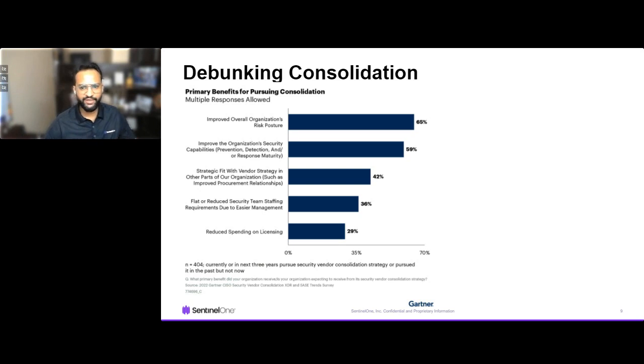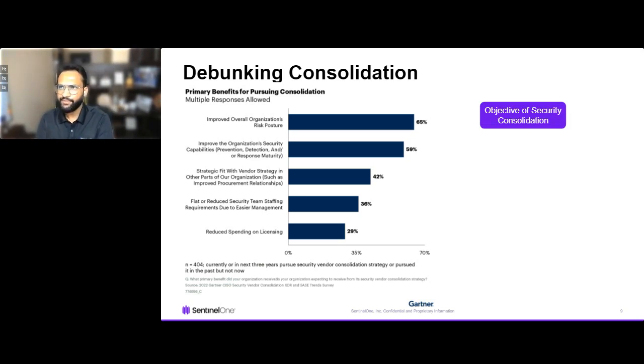So that's the reason we should understand the most effective way of performing a consolidation, which is a lot more practical at the same time.